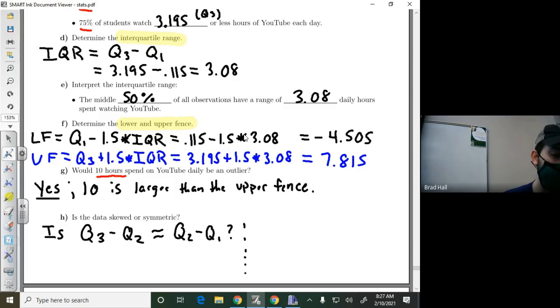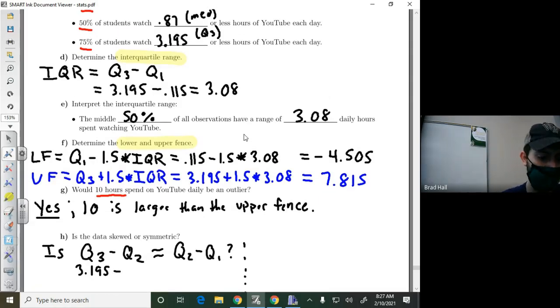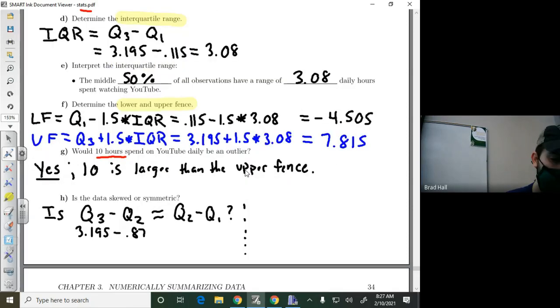So what is that? 3.195 minus the median, which was 0.87, is 2.325. And on the other side, 0.87 minus 0.115 ended up being 0.755.